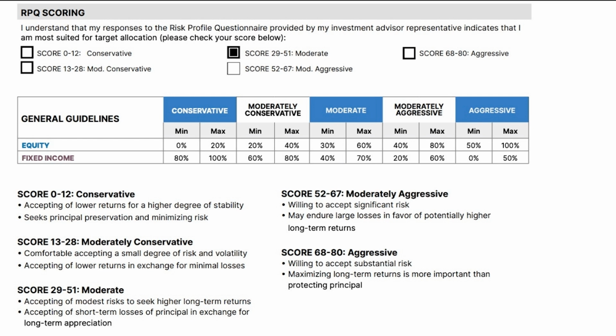And then there are some general guidelines for how much you should have exposed to equities versus how much you should have exposed to fixed income. So if we just look at the moderate column, right, the equity exposure should be between 30 to 60%, and the fixed income exposure should be the balance, so between 40 to 70%.